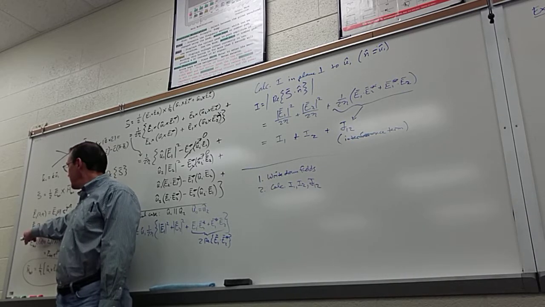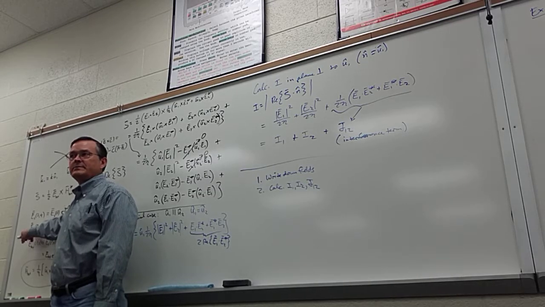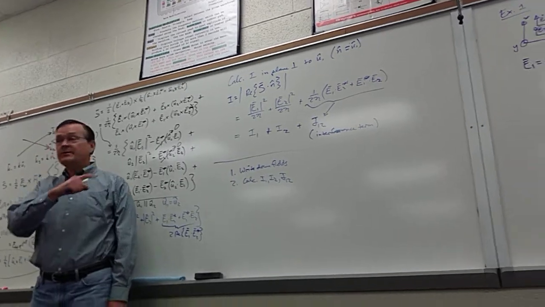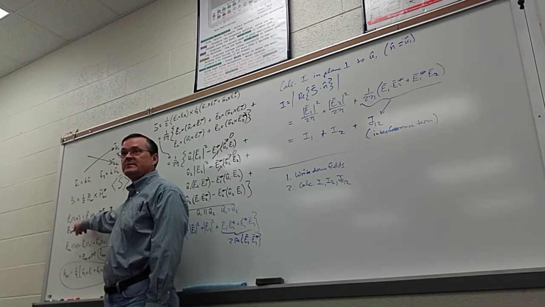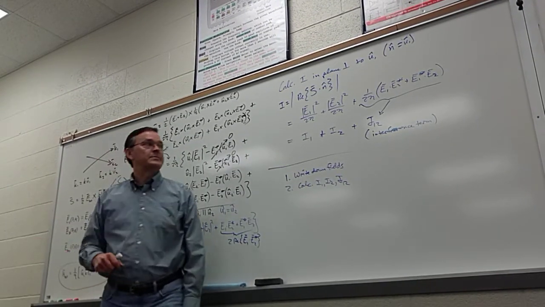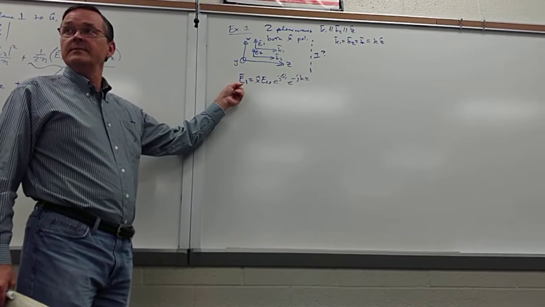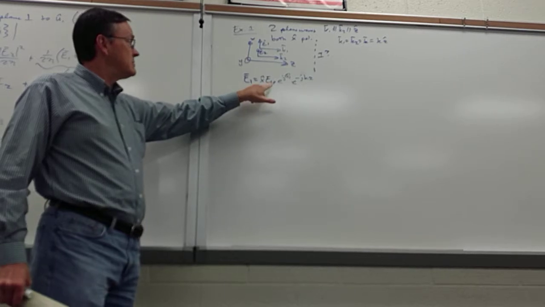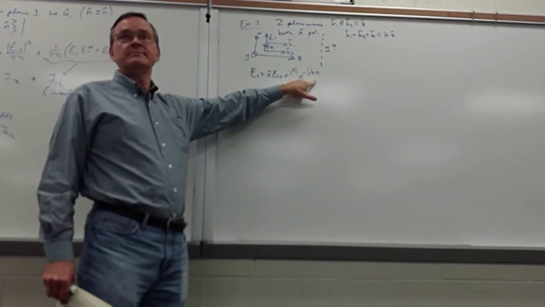Take the real part of the complex representation. Always, that's how you go back and forth. Okay, so E1 over there is just the complex amplitude vector of the complex representation. And that complex amplitude vector, what information does it have? Polarization, magnitude, phase, and the spatially dependent part. Always.